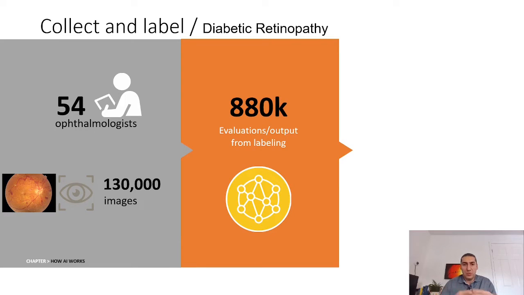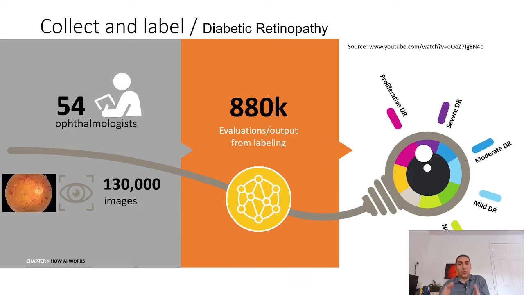Now, all of this was fed into an algorithm to create a learning module. And now the learning module was used to look at new images of the retina to identify if they have this disease, diabetic retinopathy.